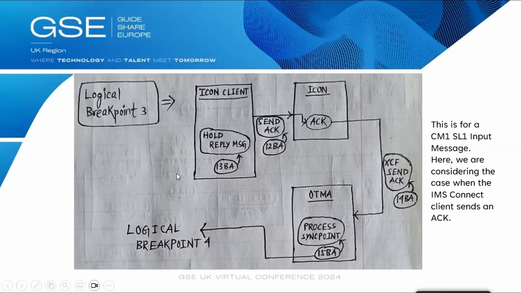So now we will branch out from logical breakpoint 3 and consider the first case, when the IMS Connect client sends IMS Connect an ACK reply message.